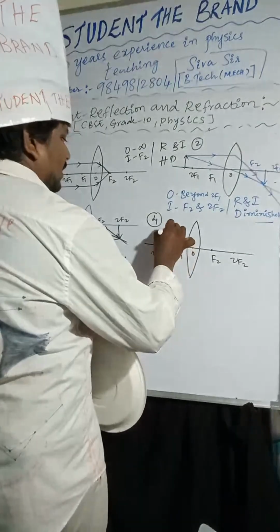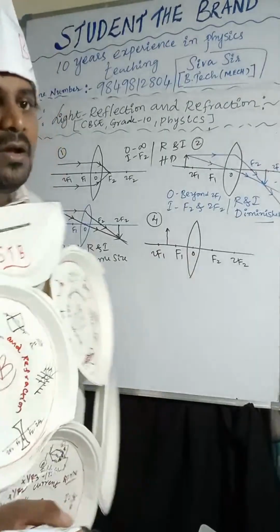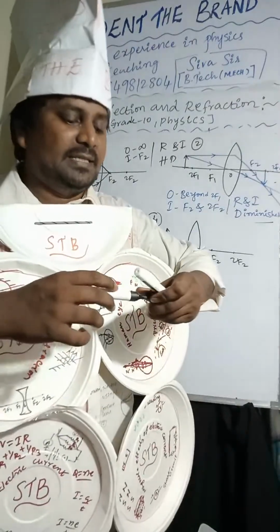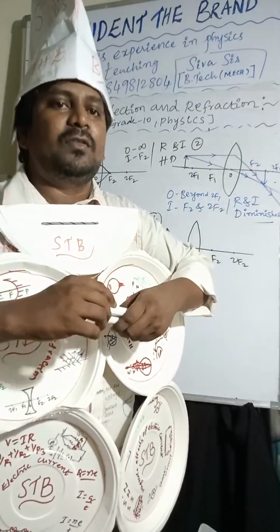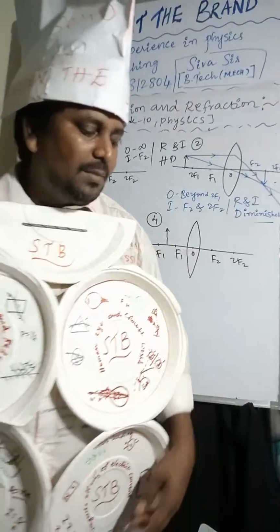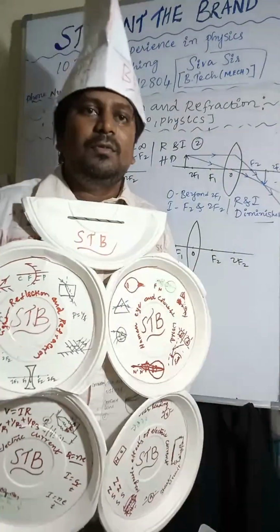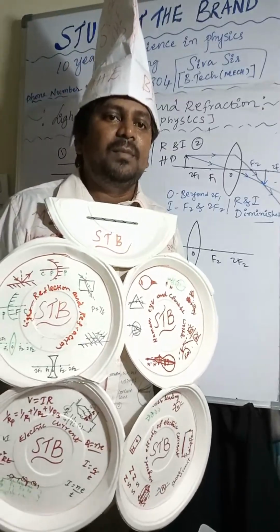If you are placing the object here, how many light rays are required to form the image of the object? As I said, a minimum of 2 light rays are required to form the image of the object.